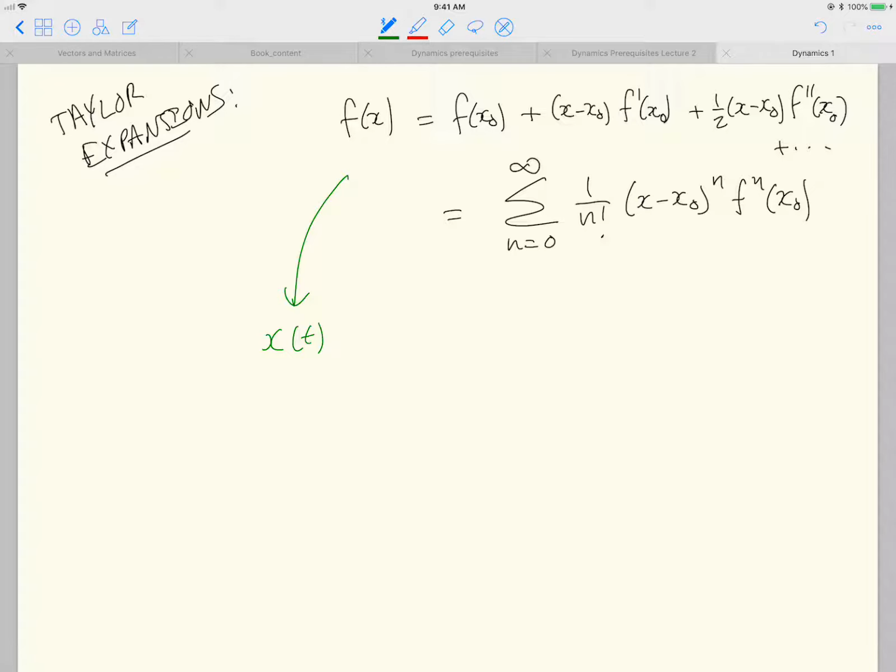Okay, so t is going to play the role of x. That's the thing that we're stepping over. That's what we're trying to guess. And x is going to play the role of f in this function that we wrote.